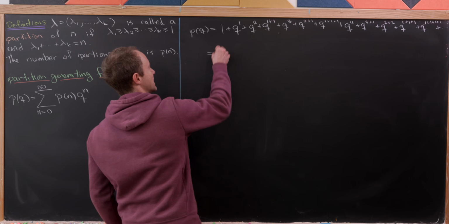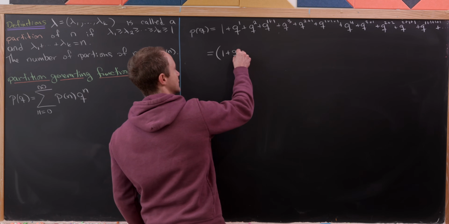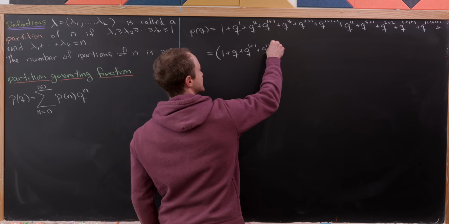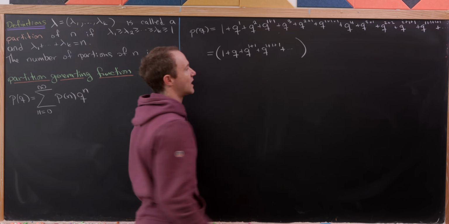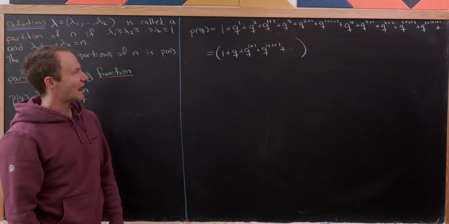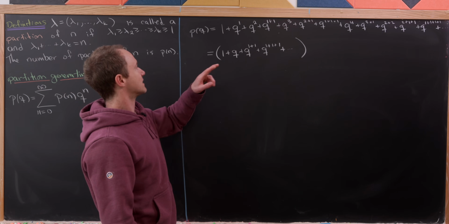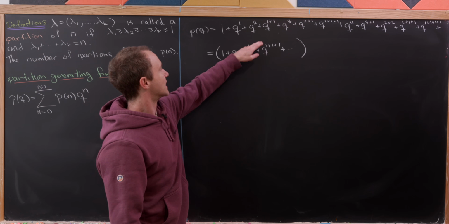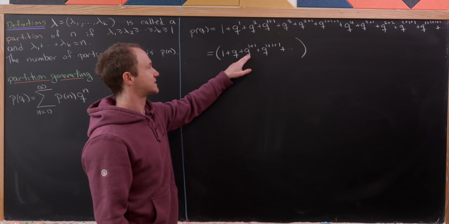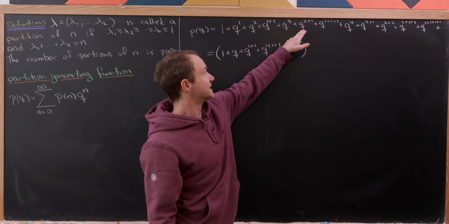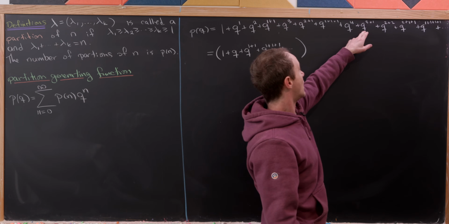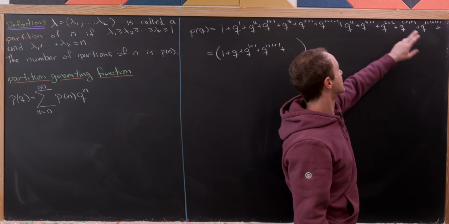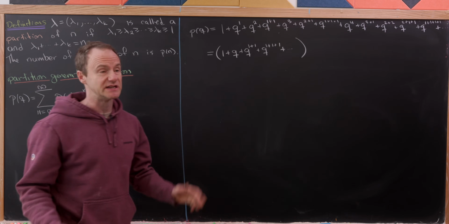So let's observe that we can factor out a 1 plus q plus q to the 1 plus 1 plus q to the 1 plus 1 plus 1 plus so on and so forth. So that would be like factoring, let's see, q to the 1 right here, and then q to the 1 plus 1 from this term, a q to the 1 from this term, a q to the 1 from this term because there's a single 1, a q to the 1 plus 1 from this term, and then as you can see it kind of continues on.